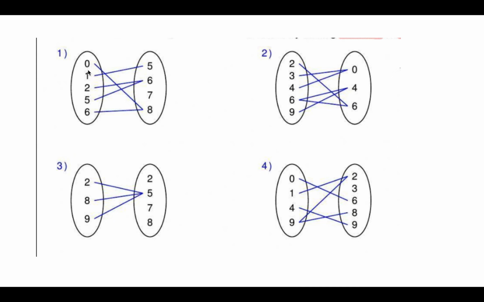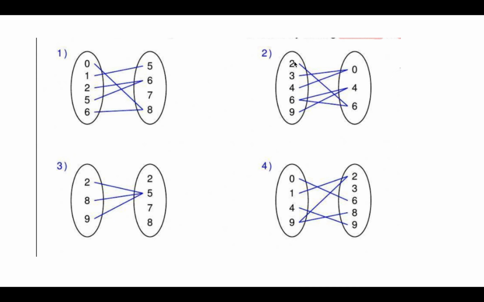So 0 only has 1, 1 only has 1, 2 only has 1 image, 5 only has 1 image, as well as 6 only has 1 image. So it's a function, because it follows both conditions for a relation to be a function, and it's a relation as well. We'll see the next example.